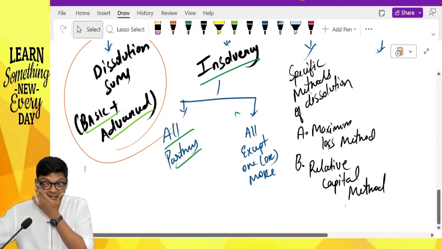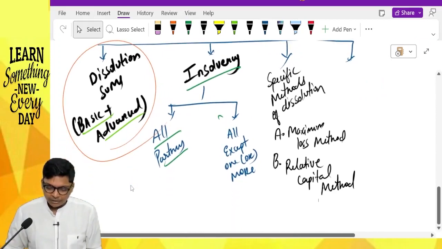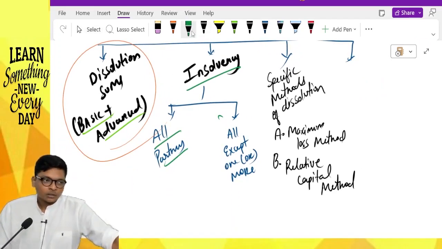I'll explain in the ending, guys. Once you write down, let me explain. Maximum loss method and relative capital method. Done, guys. Able to follow?